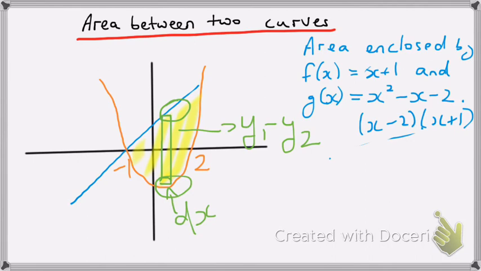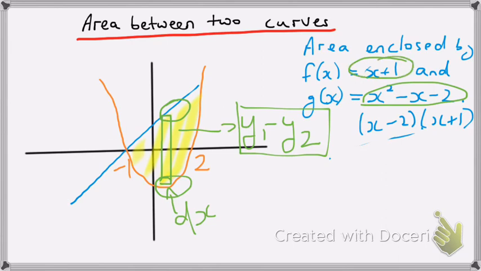So we're going to have to find an expression for y1 minus y2 by subtracting the parabola from the line, because the line is always on top.